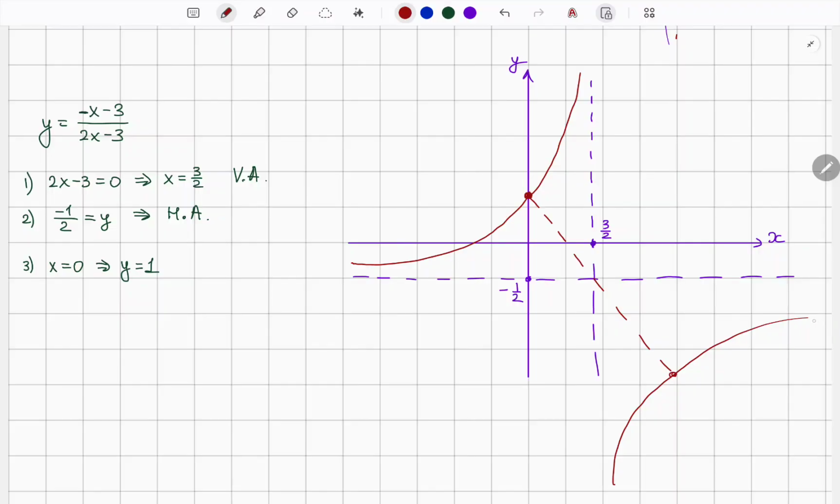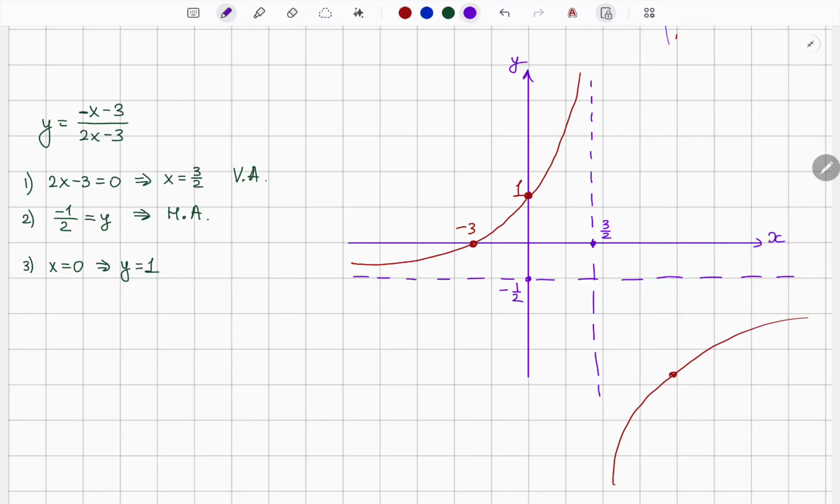So the two branches of the hyperbola must be symmetrical in the point of intersection of the asymptotes. So this is one. If you want to find this point, as I said, the numerator of the rational function must be equal to 0 at that point. So x equals -3. So it looks like this.